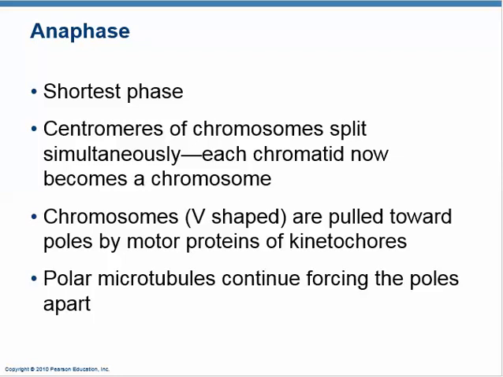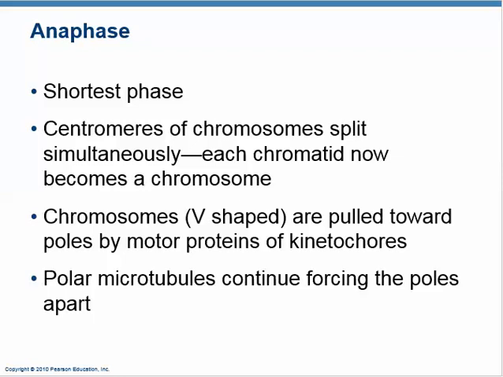And what happens at anaphase is that the centromere disintegrates and splits, and now the chromosomes split apart. Now, technically speaking, when the chromosomes are still joined at the centromeres, they're called chromatids. They become chromosomes at anaphase. It's a technicality. Nobody's going to correct you if you call them chromosomes during prophase or metaphase.